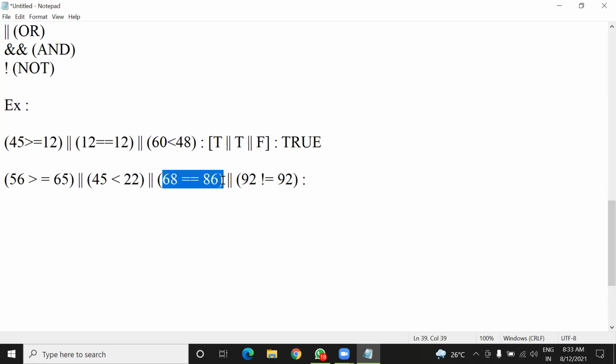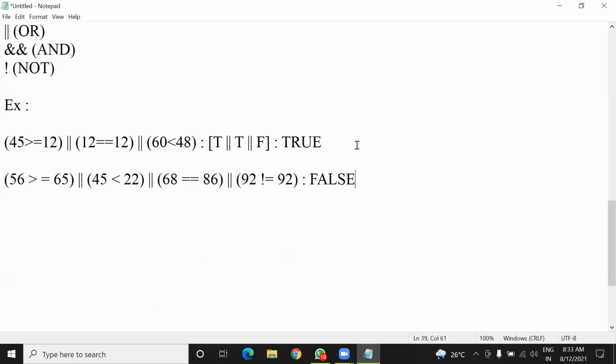So here all conditions are false, and all these conditions are combined using the OR operator. That is why the overall result becomes false. Understood, everyone?